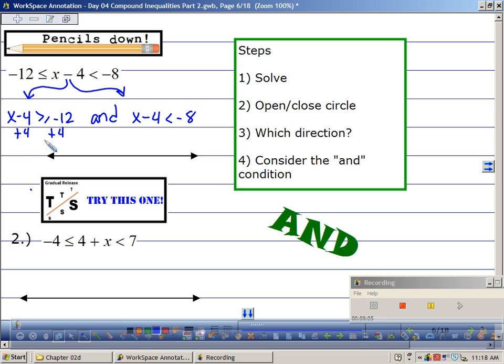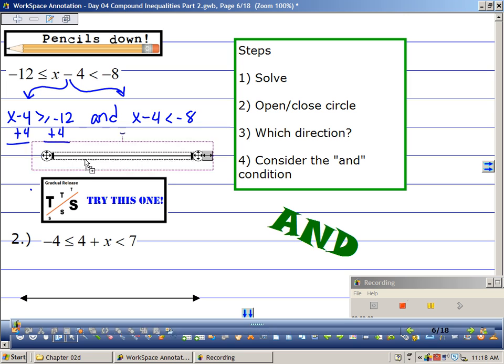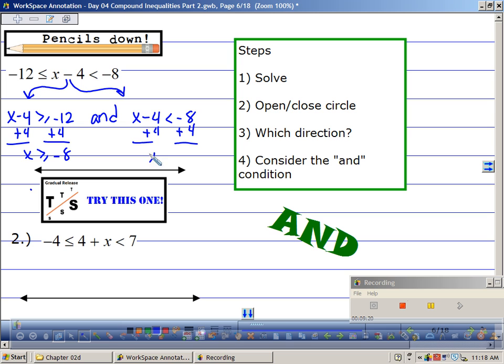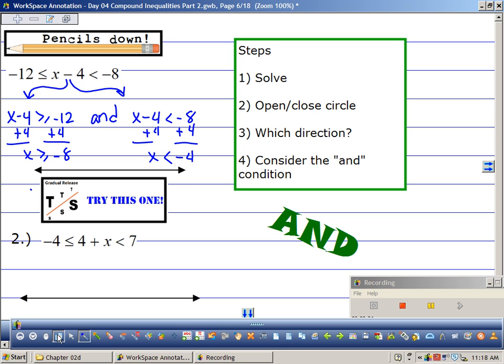If I add 4 to both sides, I get X is greater than or equal to negative 8. And when I add 4 to this one, I get X is less than negative 4.